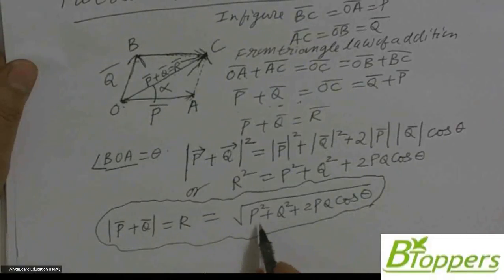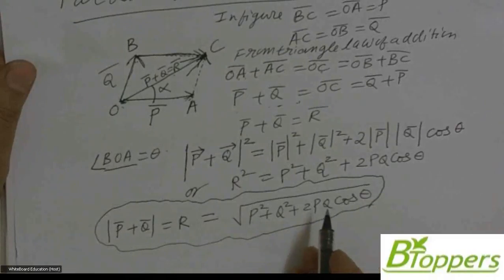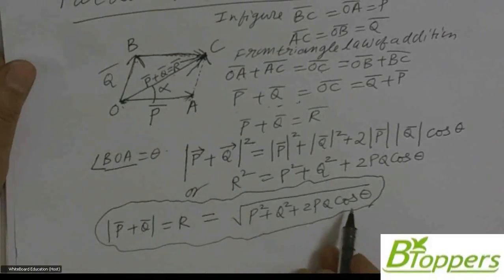So for given values of P and Q, R will be maximum when cos theta is maximum. The maximum value of cos theta is equal to 1. Cos theta will be equal to 1 when theta is 0 degrees.